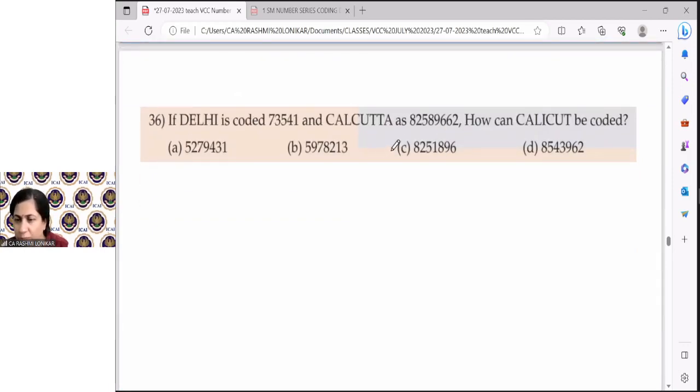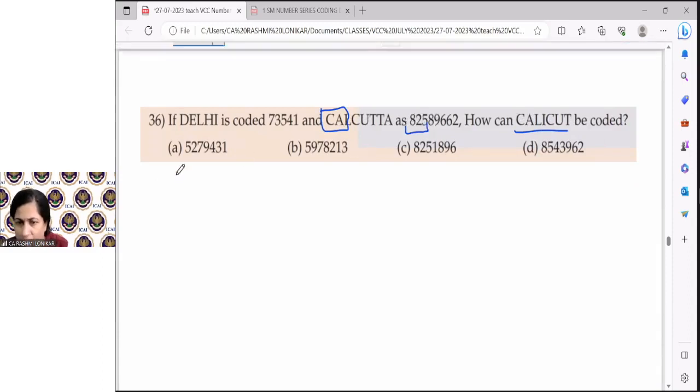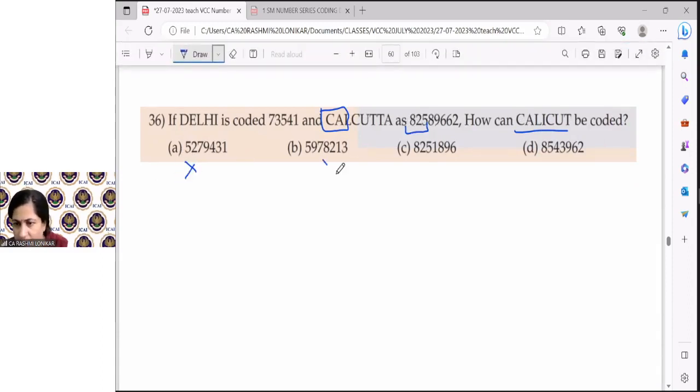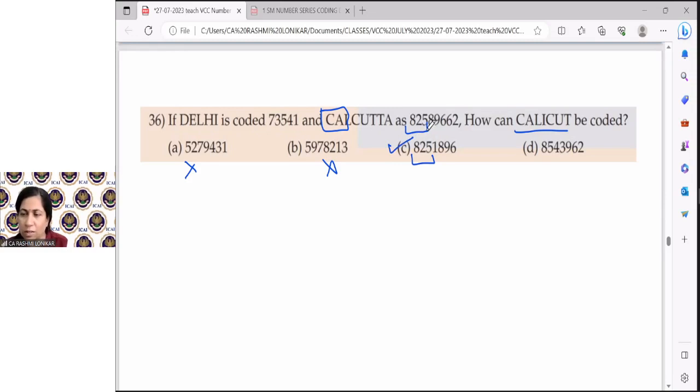Similarly here, now you have Calicut, CAL, CAL. What is CAL? 825. So this is not there, this is not there, 825. CAL, CAL, 825. So this is the correct answer. You don't even have to do anything about it because you need the numbers correct. So CAL, 36.